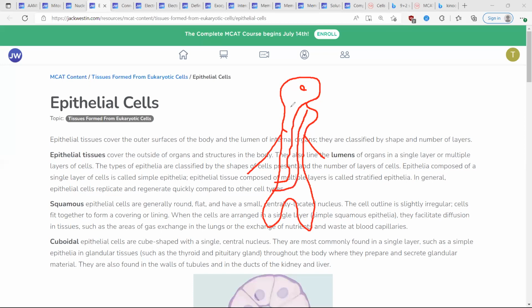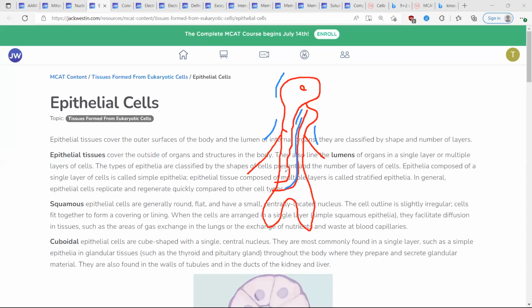So both of these, like our skin on the outside, is exposed to the environment, but on the inside we have a long tract that's also exposed to the environment, just in a different way, right?